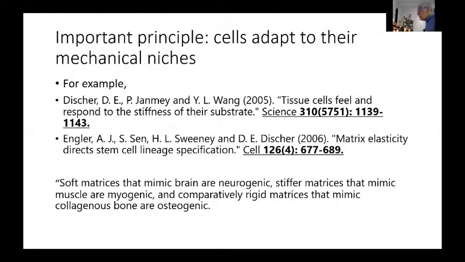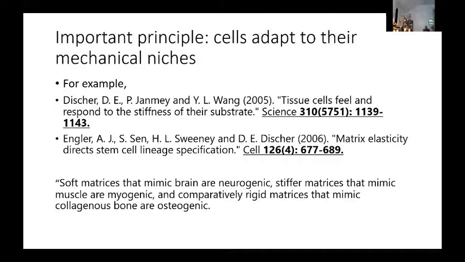Namely, what Engler and the others showed was that stem cells that are embedded in soft matrices that mimic brain tissue develop into nerve-like cells, whereas stem cells that are embedded into stiffer matrices that are more like muscle tissue become more like muscle cells. And finally, cells that are embedded in rigid matrices that mimic collagenous bone become more like bone cells.